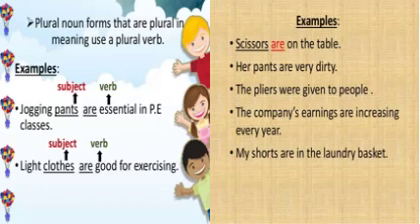In the second example, light clothes. So we have used a plural verb here with a plural subject. Scissors. We always use scissors, not scissor, because scissors have two parts. So that's why we have used are here. Her pants. Pants is always used as a plural.